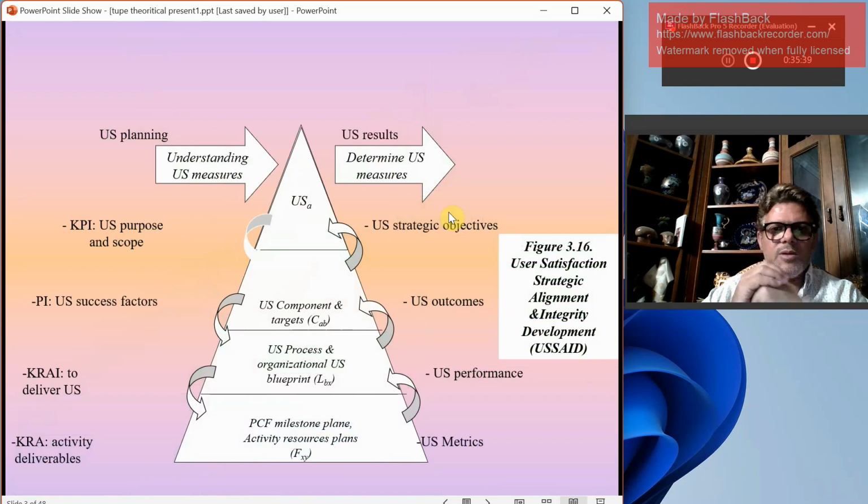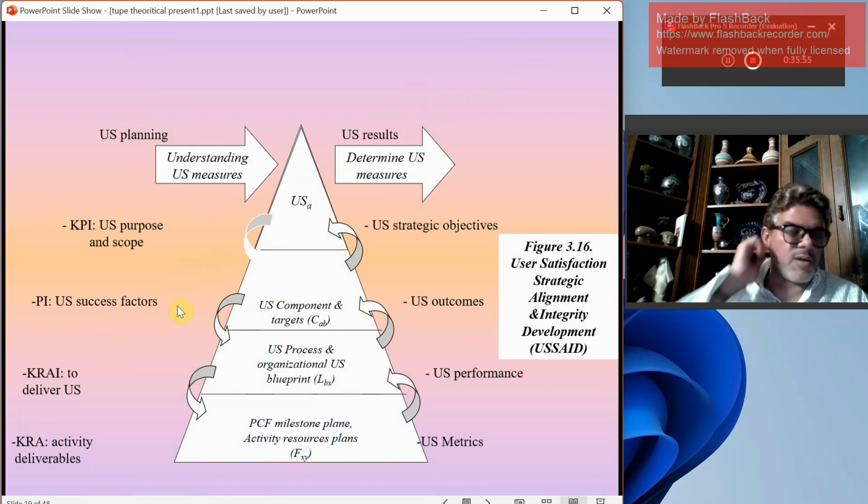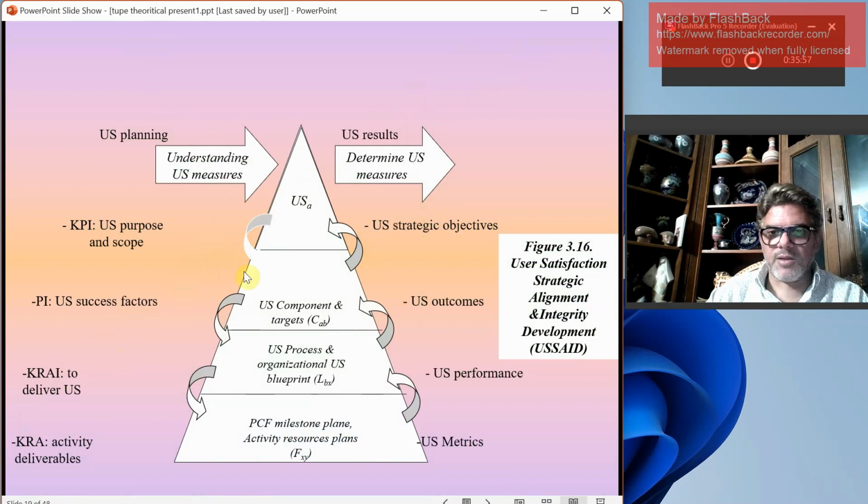Okay, so you should always look at this one too, or you have to be aware that the other one has these two not right. Okay, let's see here. User satisfaction, strategic alignment, and integrity development. User satisfaction, and strategic alignment, integrity development.